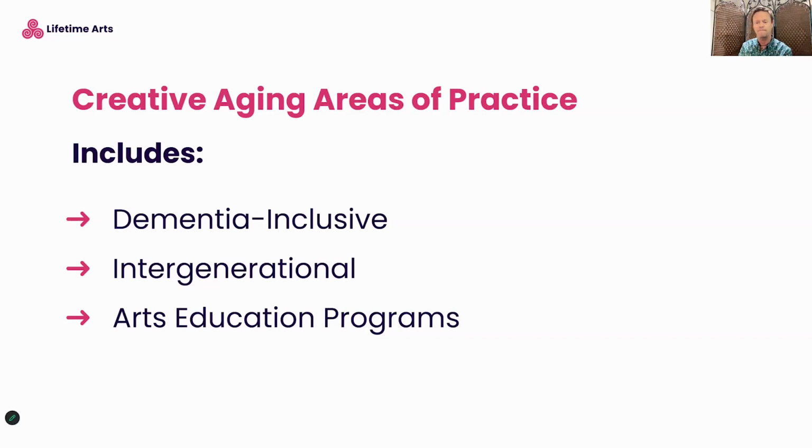The individuals with dementia continue to access their imaginations and their creativity in the processes of these programs. And a lot of times, like I said, the caretakers are also involved, so it helps to enhance their relationship. These programs have been proven to improve mood, to increase social connection, and foster self-expression.